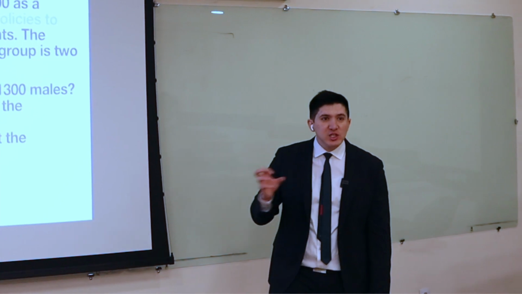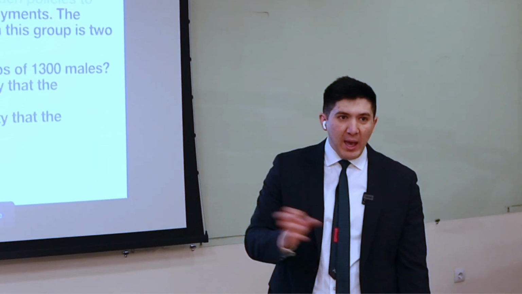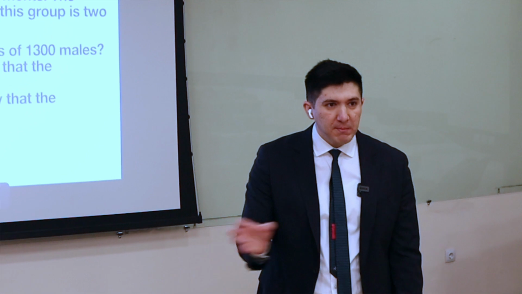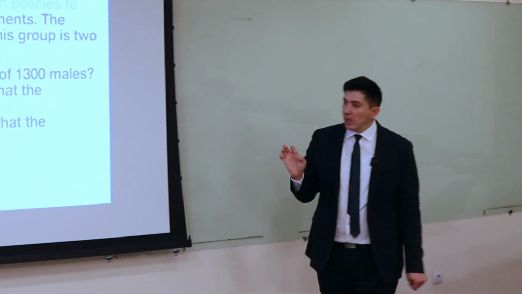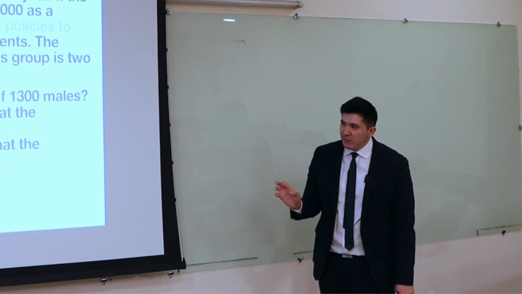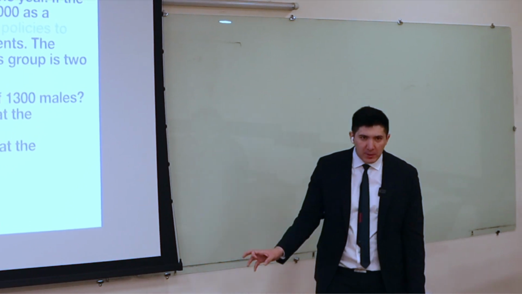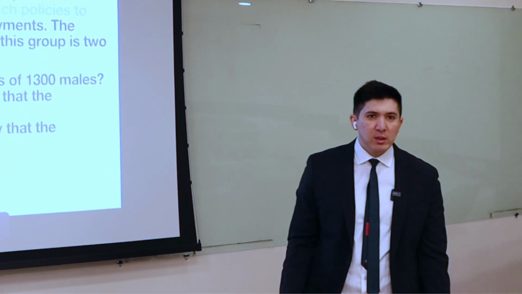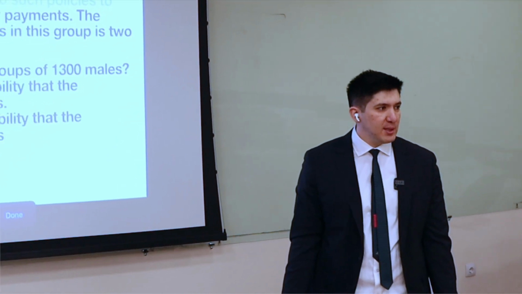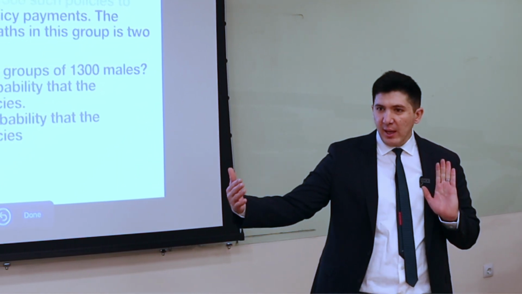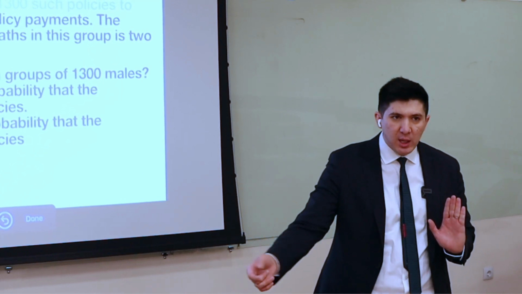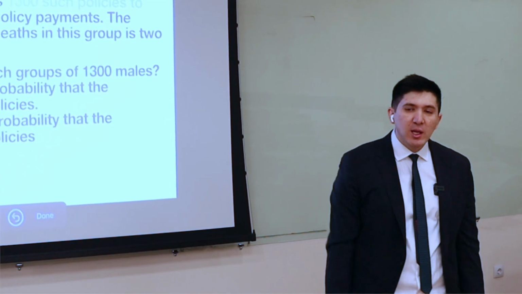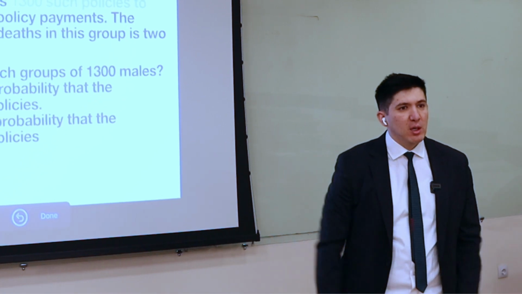Also, in order to calculate those probabilities using the Poisson distribution, we need to know the average number of the 30 years old males who are dying with this probability, right? So can you tell me what is the expected number of people who will die within 1 year? How to calculate this? If you're given n, the sample size, and the probability that every person will die, what is the expected number of deaths?